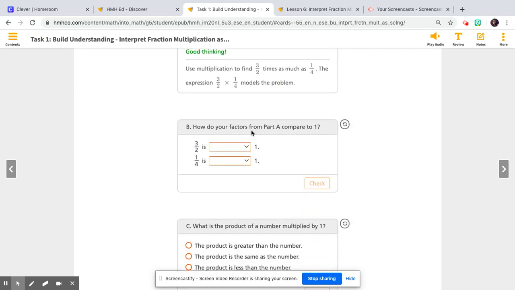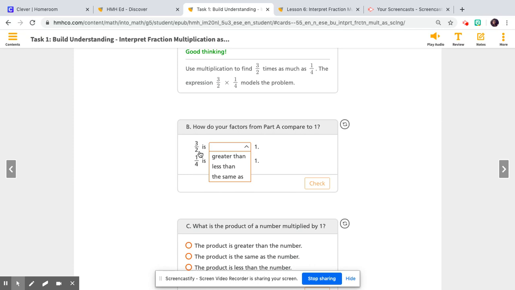Part B says, how do the factors from part A compare to 1? Let's look at our two factors, 3/2 and 1/4. Is 3/2 greater than 1, less than 1, or the same as 1? Our numerator is greater than our denominator.